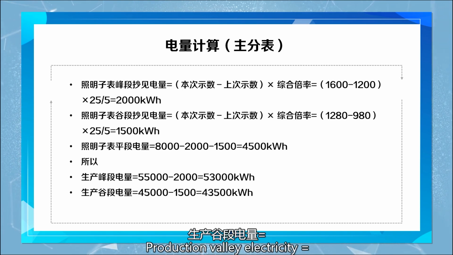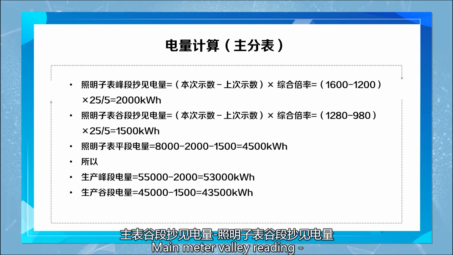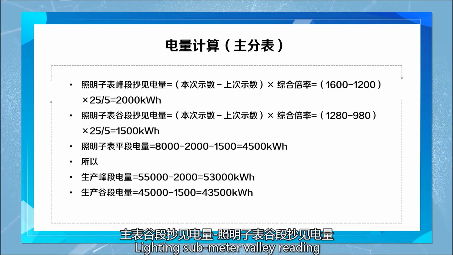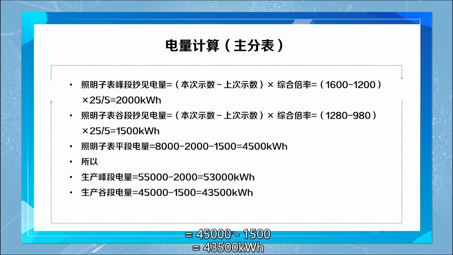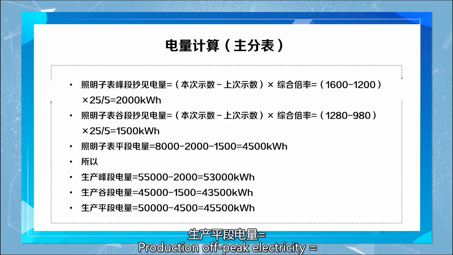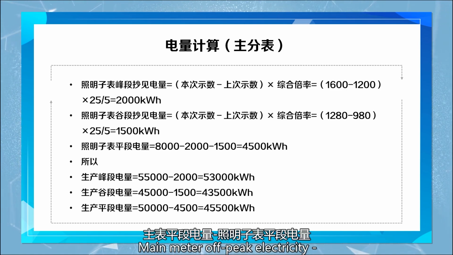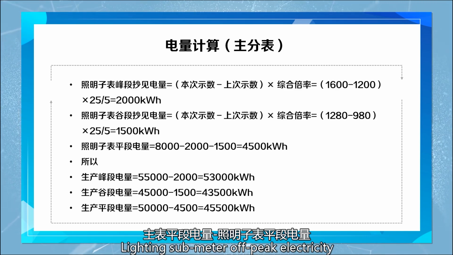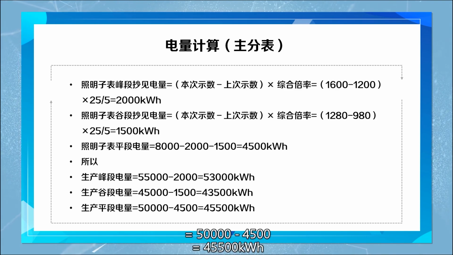Production valley electricity equals main meter valley reading minus lighting submeter valley reading equals 45,000 minus 1,500 equals 43,500 kilowatt-hour. Production off-peak electricity equals main meter off-peak electricity minus lighting submeter off-peak electricity equals 50,000 minus 4,500 equals 45,500 kilowatt-hour.